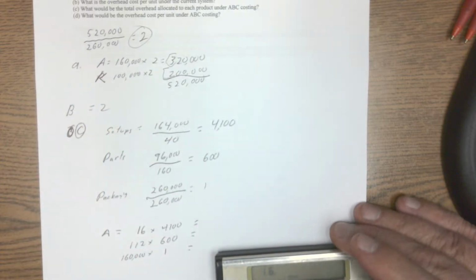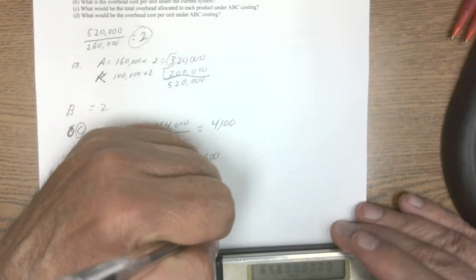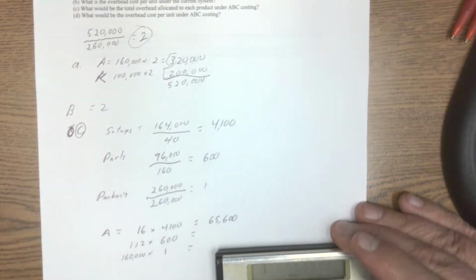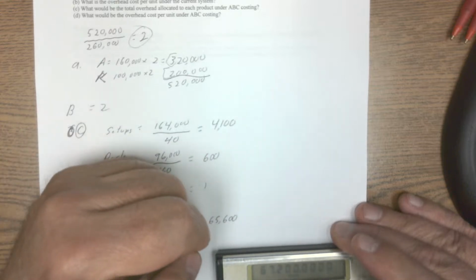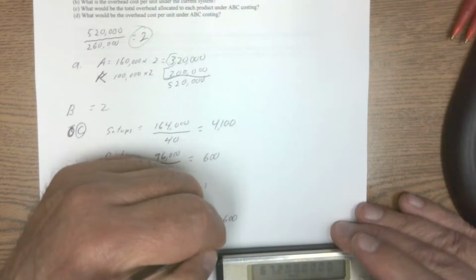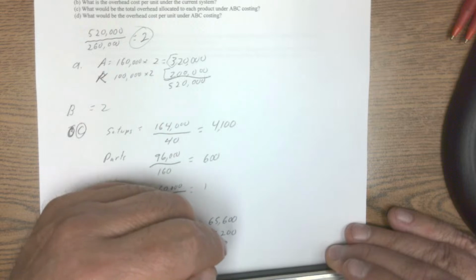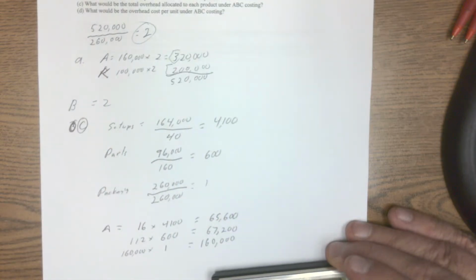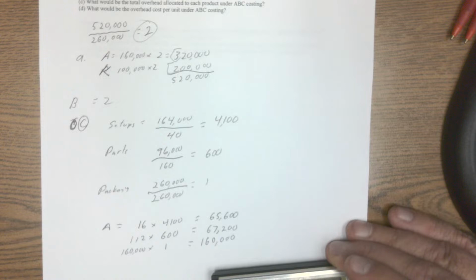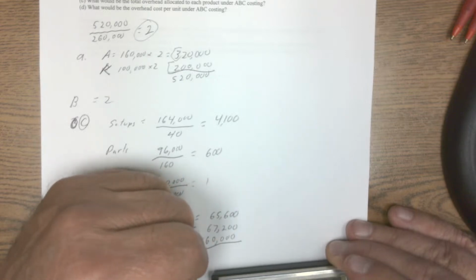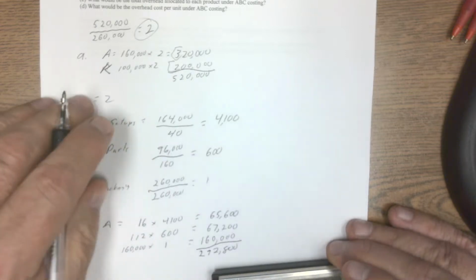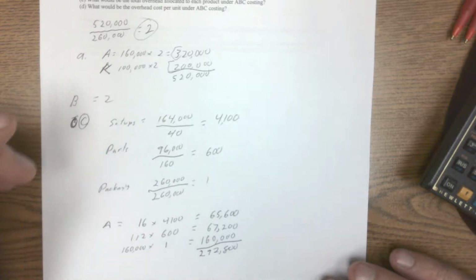So 16 times 4,100 is 65,600. 112 times 600 is 67,200, and then 160,000. So we get 292,800.